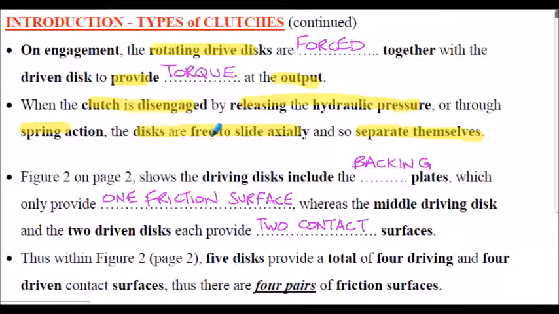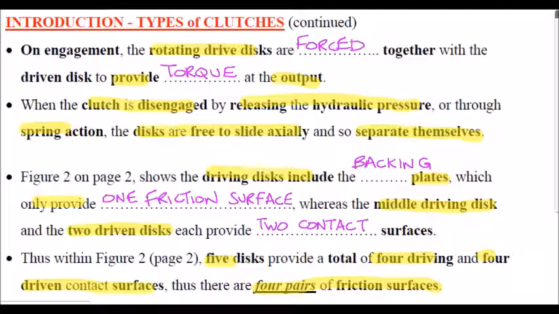On figure 2 on the previous slide, it shows driving discs including what's termed backing plates, which only provide one friction surface, whereas the middle driving discs on that figure provide two driven surfaces, so there's two contact surfaces. We've actually got 5 discs and they produce 4 driving and 4 driven contact surfaces, and we term that 4 pairs of friction surfaces.